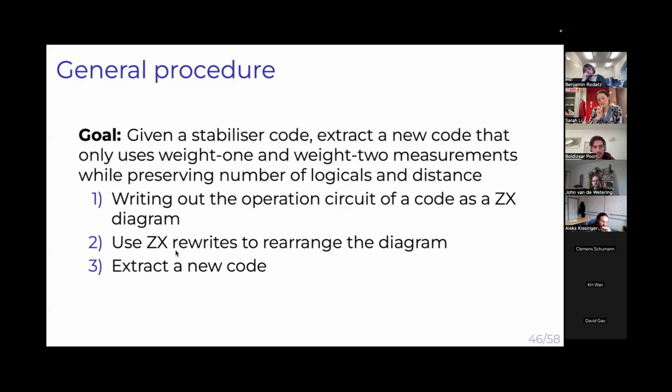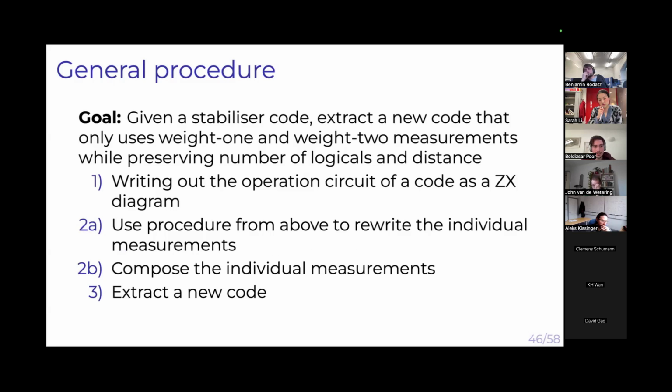We use the ZX rewrites to rearrange the diagram. So we apply ZX rewrites on each of the Pauli measurements and then extract a new code. The above rewrites will show you what to do, and then we compose these individual measurements according to the original code.